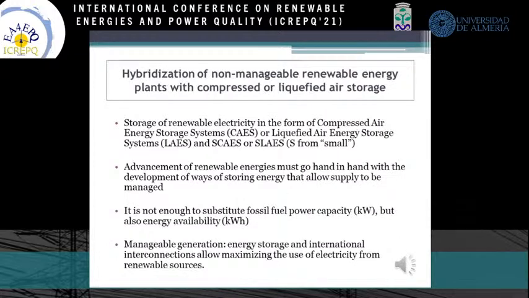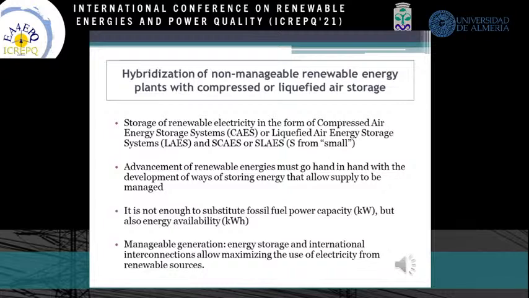During my presentation, I will use the acronyms CAES or LAES for compressed air energy storage systems or liquefied air energy storage systems, and I will put an S at the beginning when we talk about small installations.